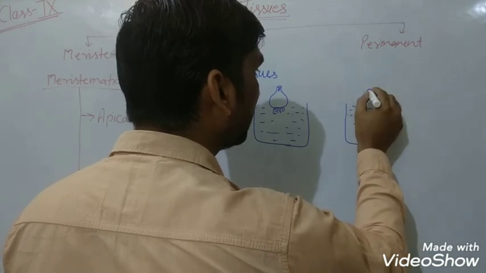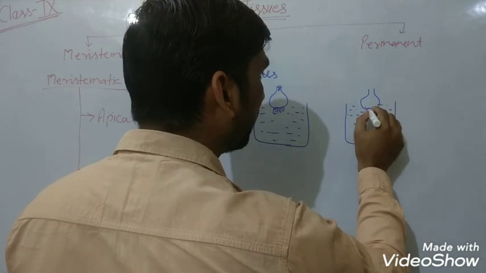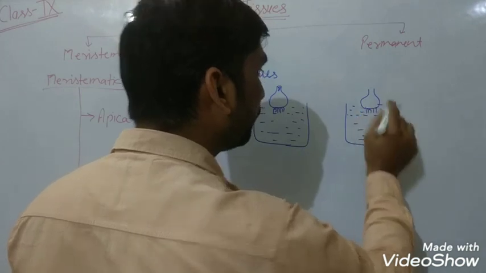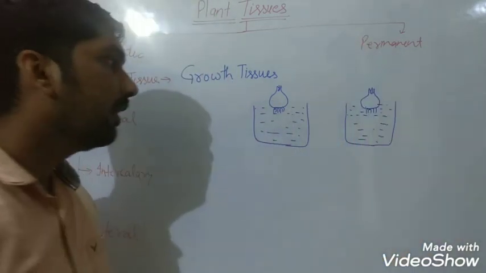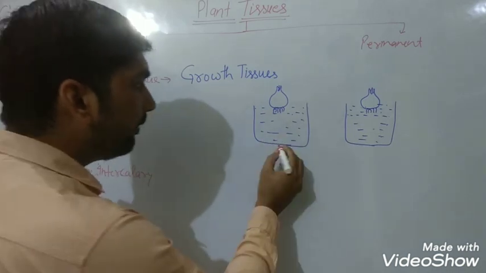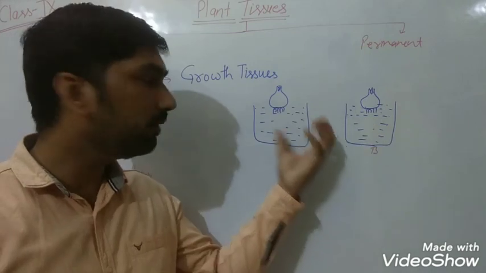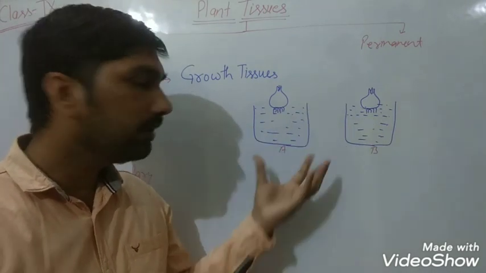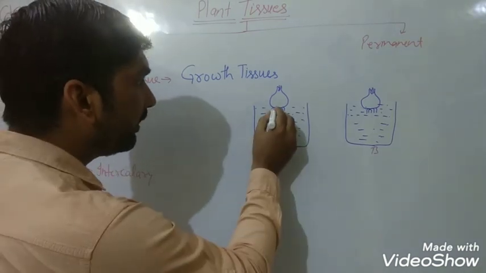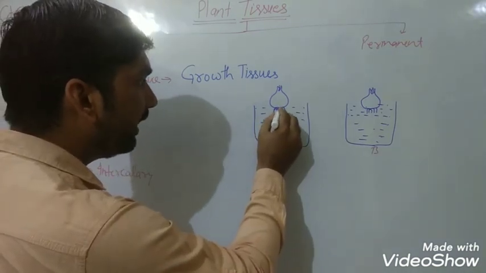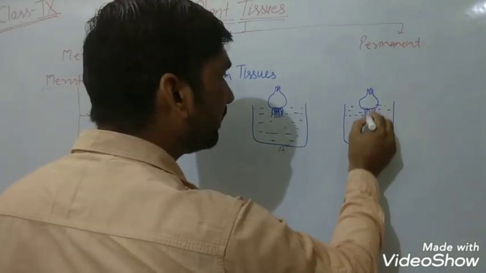And now in the second beaker also, the root part is soaked in the water, and this is the upper part. Now what do we have to do? We have to leave this plant, the onion bulb, for 2 to 3 days, so that growth can happen. After 2-3 days we will see that the root has increased in size in both of the beakers.